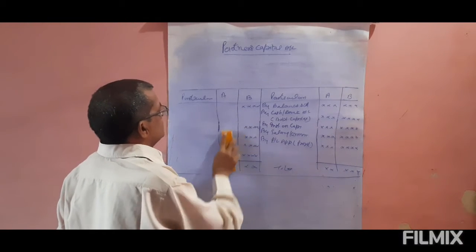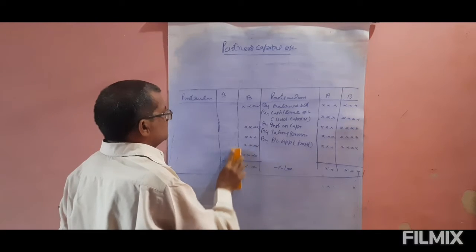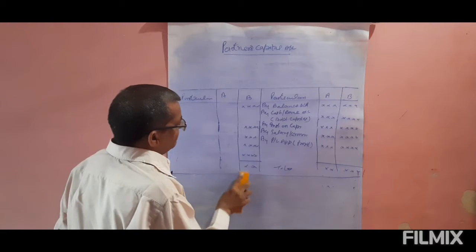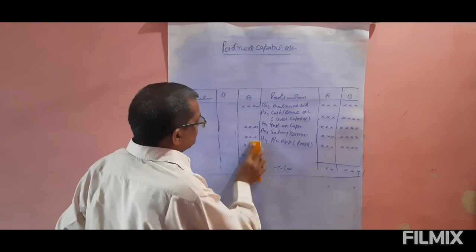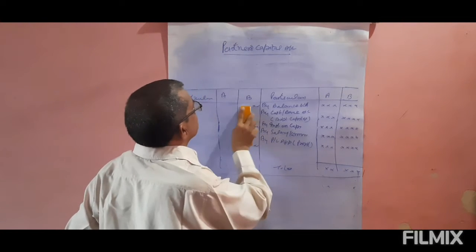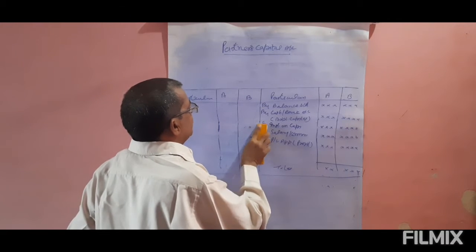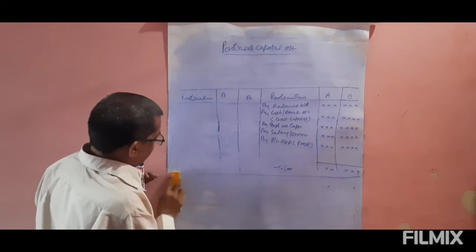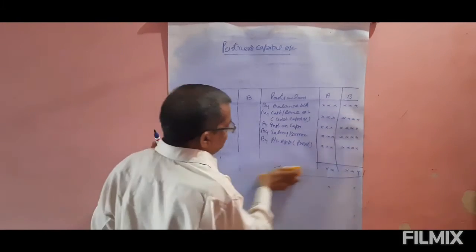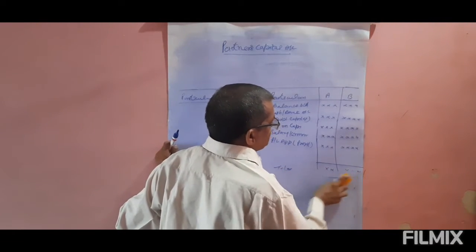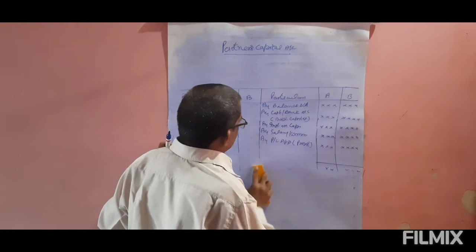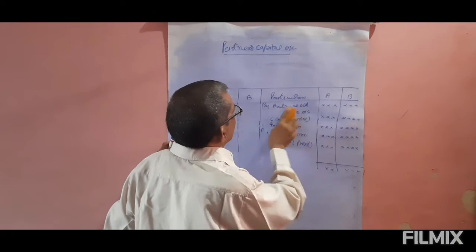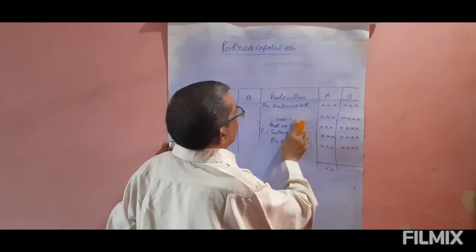Okay. Now again, I create a question. I read the question, then solve the question. First is the fixed capital method.